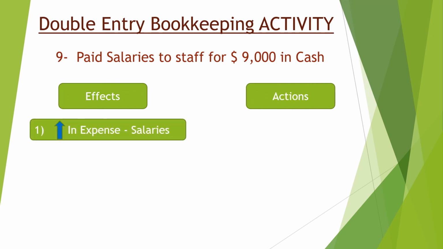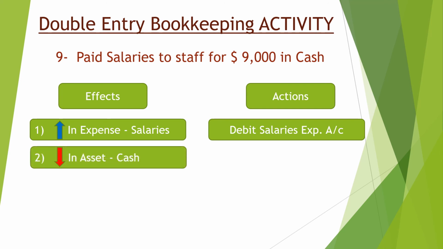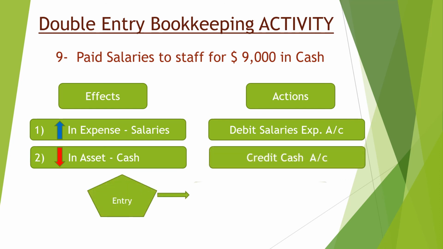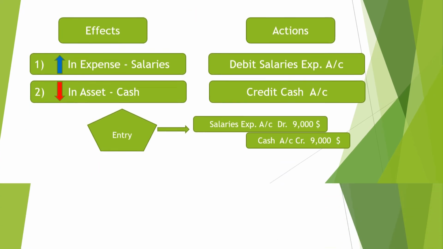Increase in expenses, which is salaries, so the action will be debit salary expense account, and credit will be cash because there is a decrease in cash. So the final entry would be salaries expenses debit by 9,000 and cash credit by 9,000.